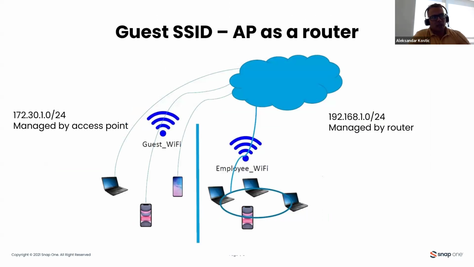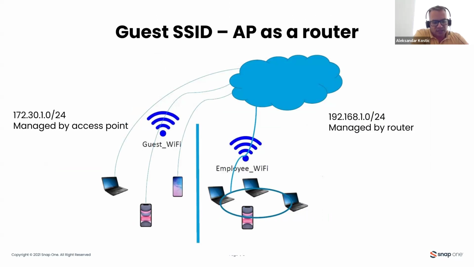The second thing, which is also quite straightforward, and we do not need any additional knowledge of wireless technology, is the so-called guest network, which is also available as an option on the access points. So what is the difference between the guest SSID or guest wireless network compared to the standard SSID?